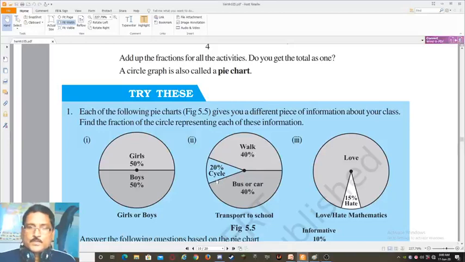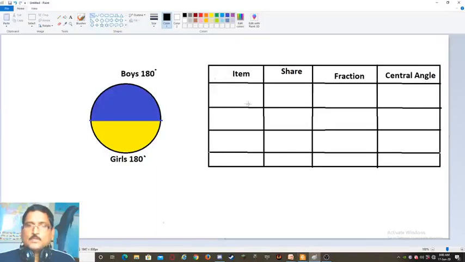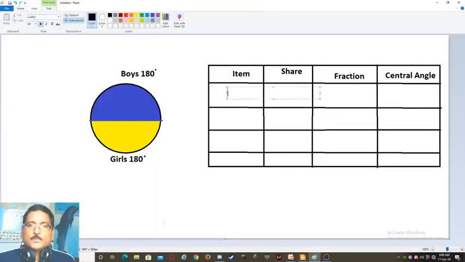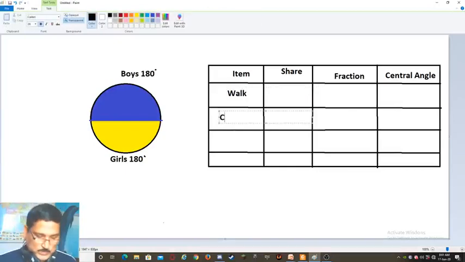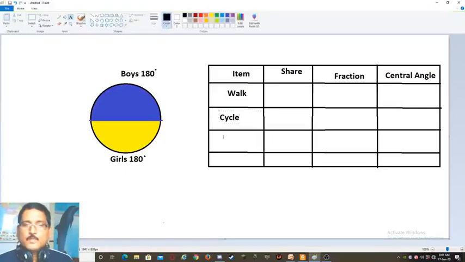Walk, cycle, oh sorry, 3 items, the bus. Okay, walk. First one is walk. So write down walk, cycle, bus.